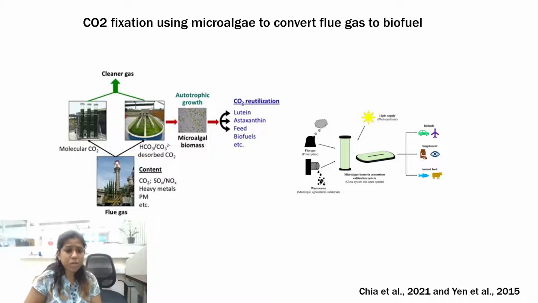So microalgae can take up these different heavy metals and sulfates and nitrates, and use that for its growth and produce biomass, and also produce energy. So microalgal biomass is produced, and carbon dioxide is reutilized and converted through different pathways to produce biofuels, etc. So this biofuel can later on be used for various other purposes, and can be repurposed in the industry itself for some other processes. So this is how microalgae works.